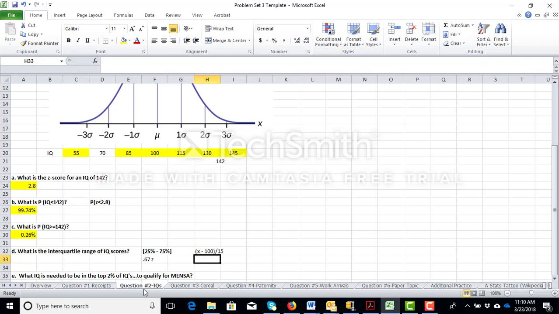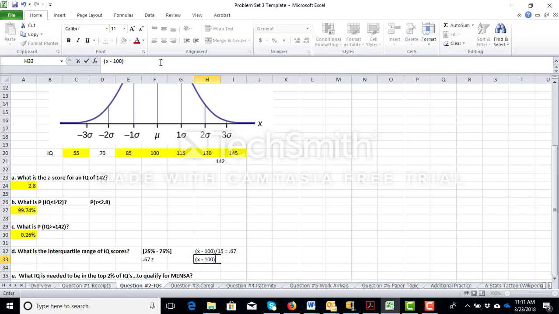To solve for x, think about the algebra that's needed for that. This expression equals 0.67. So the first thing we're going to want to do is multiply both sides of this by 15. So the next step would be x minus 100.